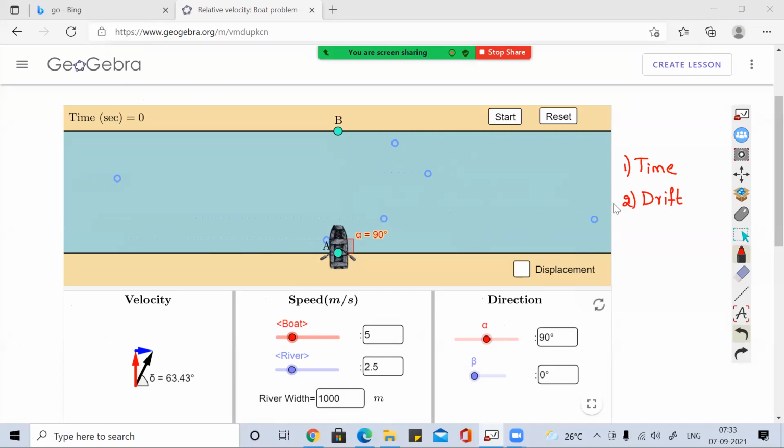Right now this boat or man is trying to reach point B. Can he reach B? No. He will reach some point C on the other side of the river. Let us see where he will reach. Let us start.